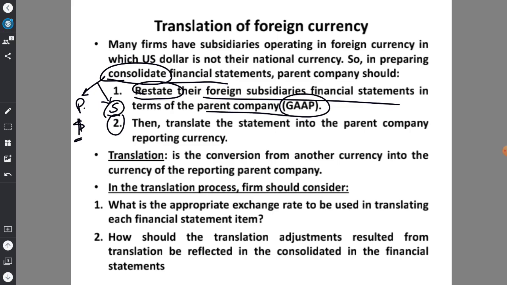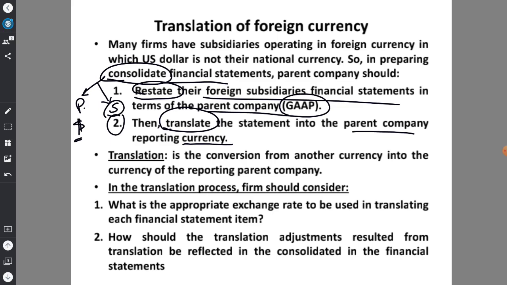Then I'm going to translate the financial statement of the subsidiaries into the parent company currency. يبقى أول حاجة هوحد الجاب، تاني حاجة هعمل translation.